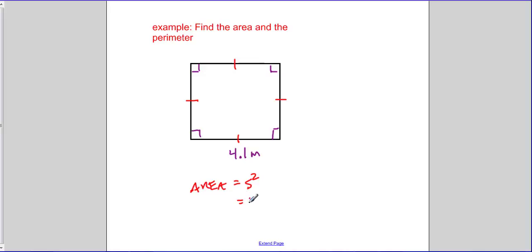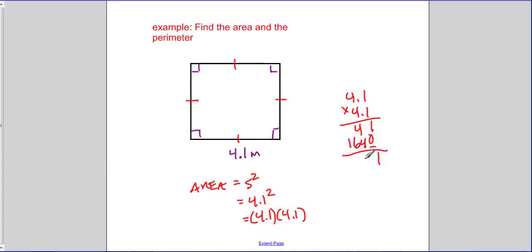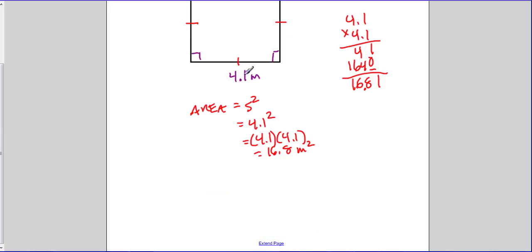So in this case, that's 4.1 squared, which is 4.1 times 4.1. Add a placeholder 0, that's 4. 4 times 4 is 16. Move the decimal point 2 places, so I get 16.81 square meters, because my units here are in meters.